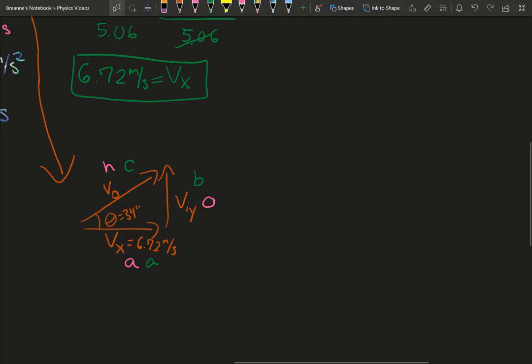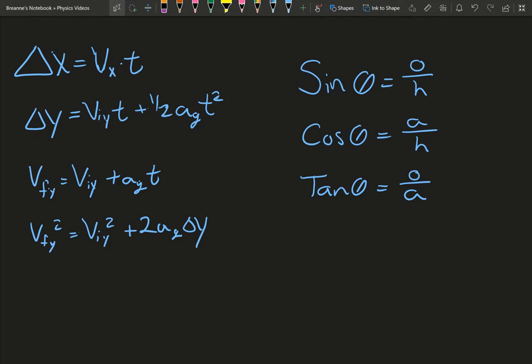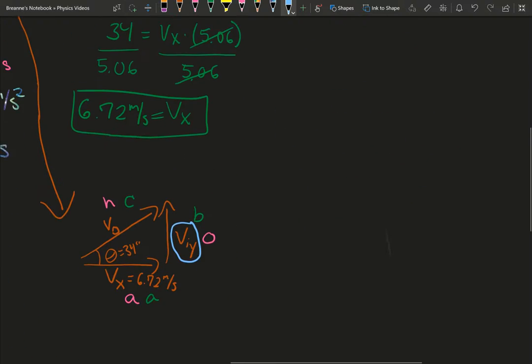So I would say let's solve for this one first, because once we solve for this one, then we can do Pythagorean theorem to solve for this. So we have adjacent and we have opposite. So which one of these has adjacent and opposite? We will be using our tan.